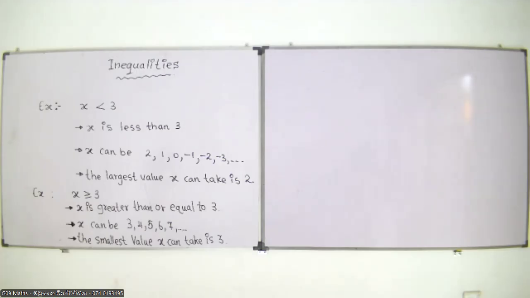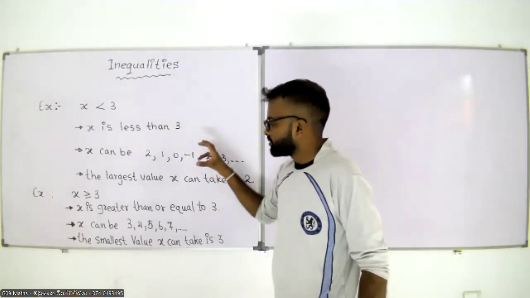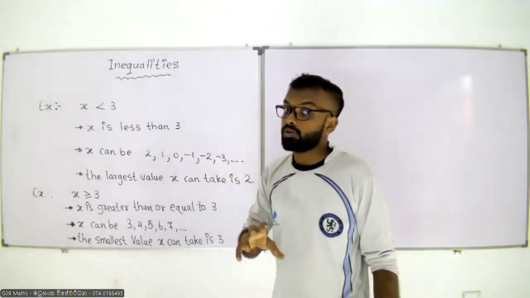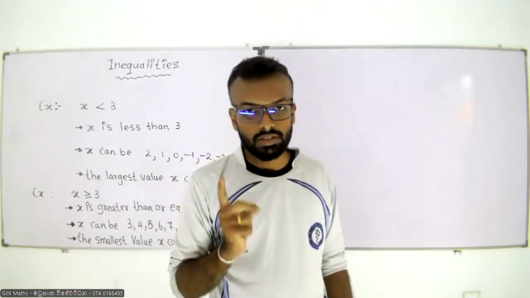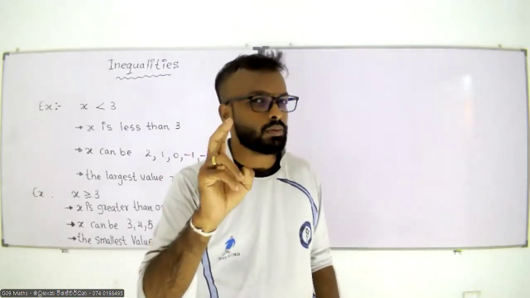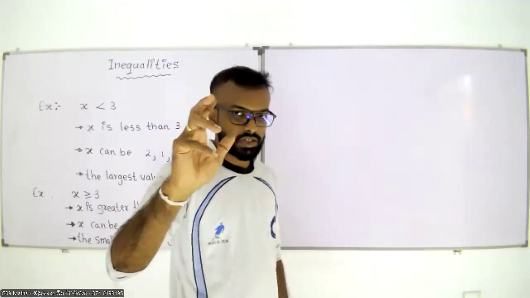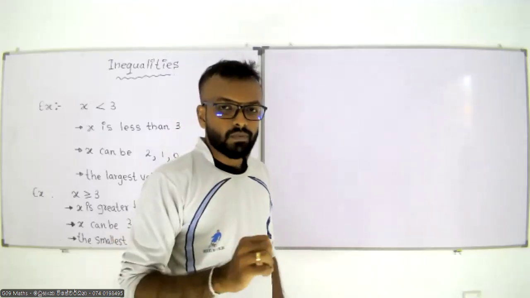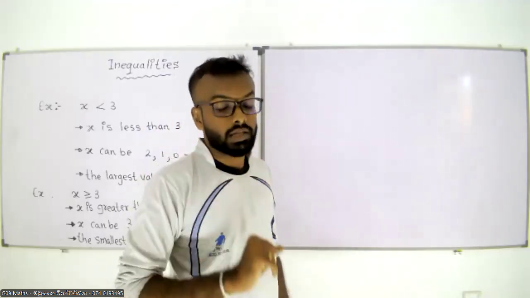Right, okay. So these are the very basic things that you need to know, and the other basic thing that you need to know is this. Now focus on the board. I'm going to give you a special thing. When you are dealing with inequalities you have to use number lines.